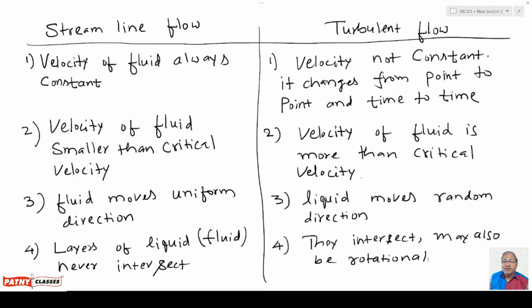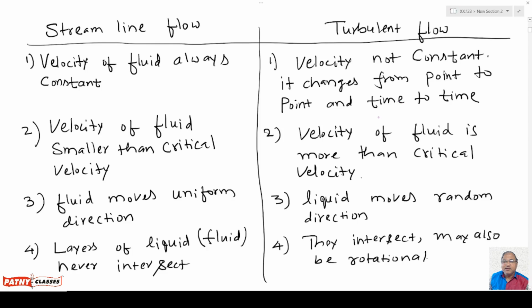Now, let us talk about what is the exact difference between streamline flow and turbulent flow. In streamline flow, the velocity of the fluid is always constant. It is not changing. Over time it remains constant. But in case of turbulent flow, the velocity is not constant. It changes from one point to another point.